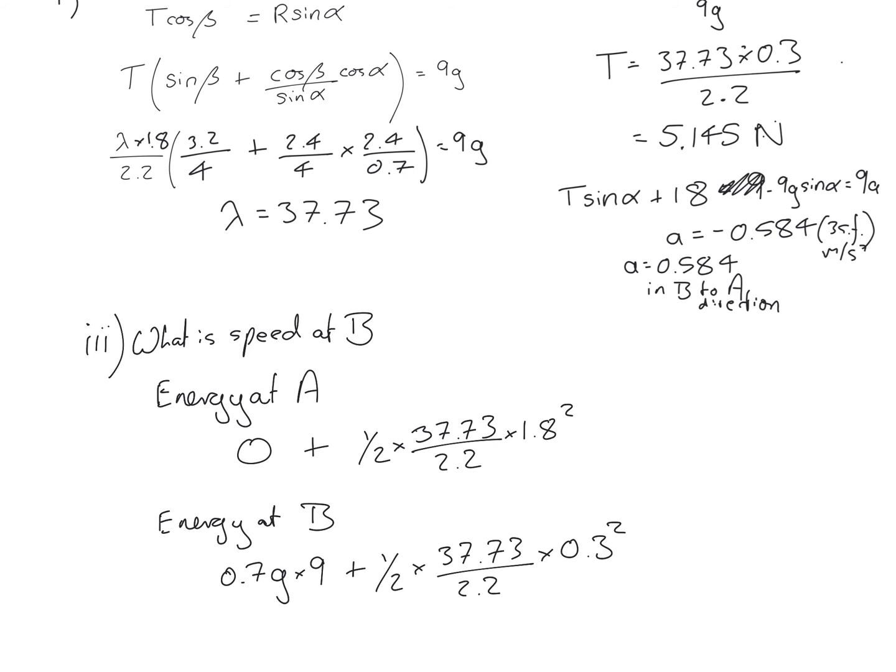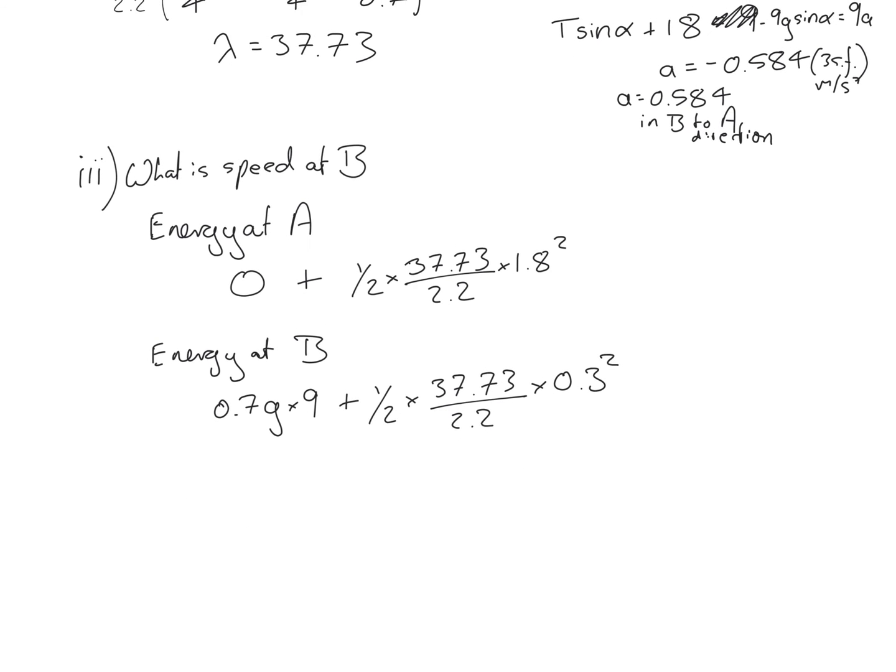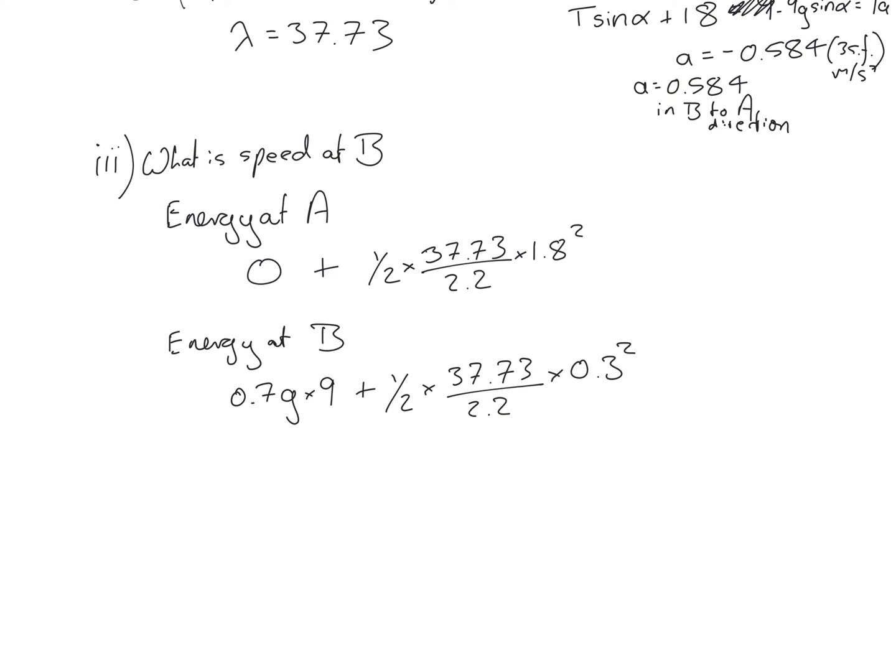And now, can we equate those? That's the big question. And the answer is no, we can't, because there is an external force going on. So what can we do? Well, we can say that the energy at the beginning, which is a half times 37.73 over 2.2 times 1.8 squared, plus the energy we put into the system.